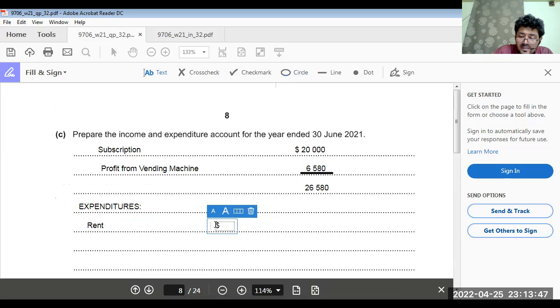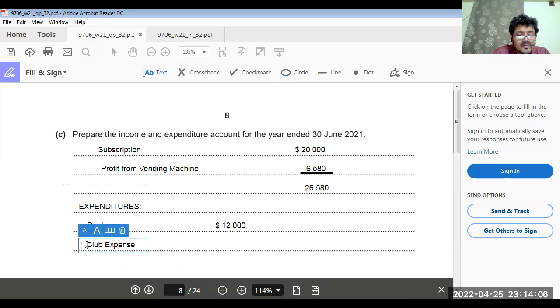Dollar. Second is club expenses. Now come to club expenses.